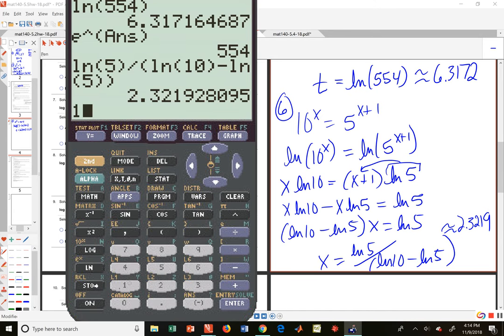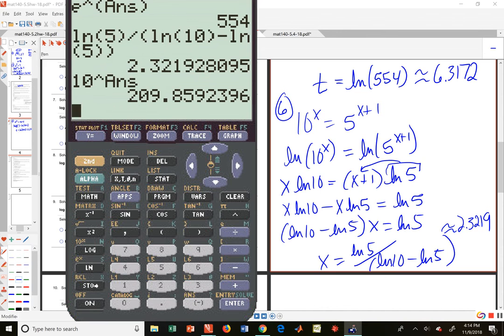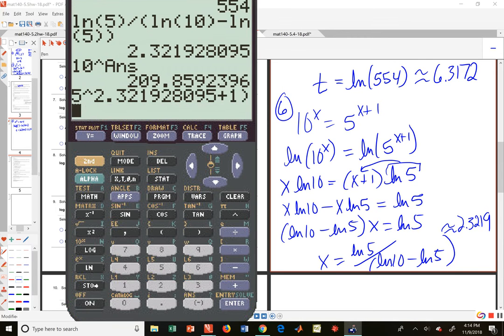Let's check our answer. If you take 10 to that number, you get this. If you take 5 to that number, 2.3219288095, and you add 1 as well. I needed a parenthesis back here.